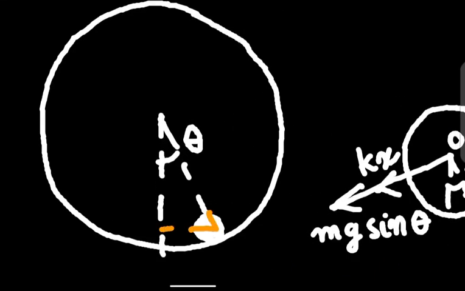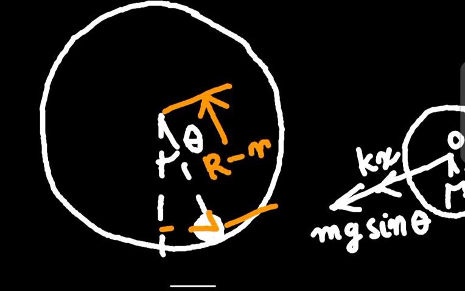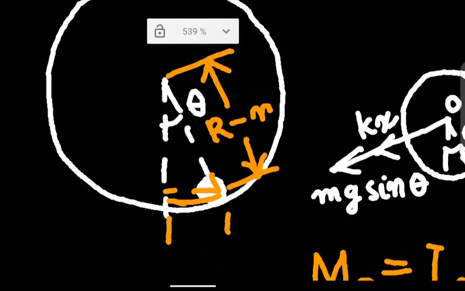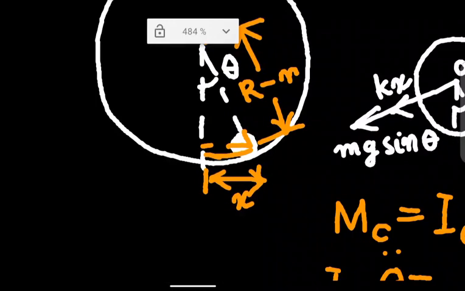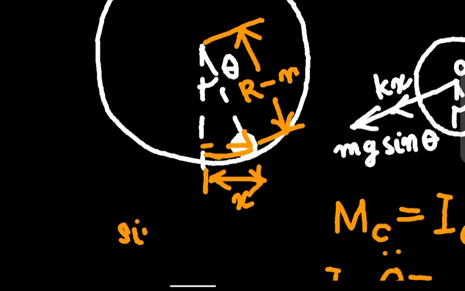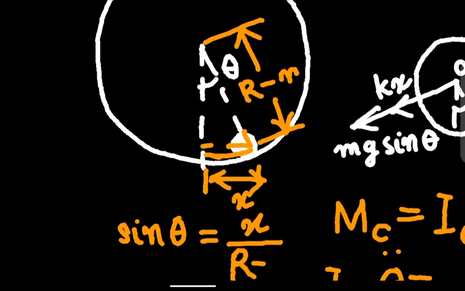This is theta, so this distance is capital R minus small r, and this is x. I mean x is this, but as this is very small, you can approximately say this is x. So your sine theta is nothing but x divided by capital R minus small r. Okay, so we have sine theta.